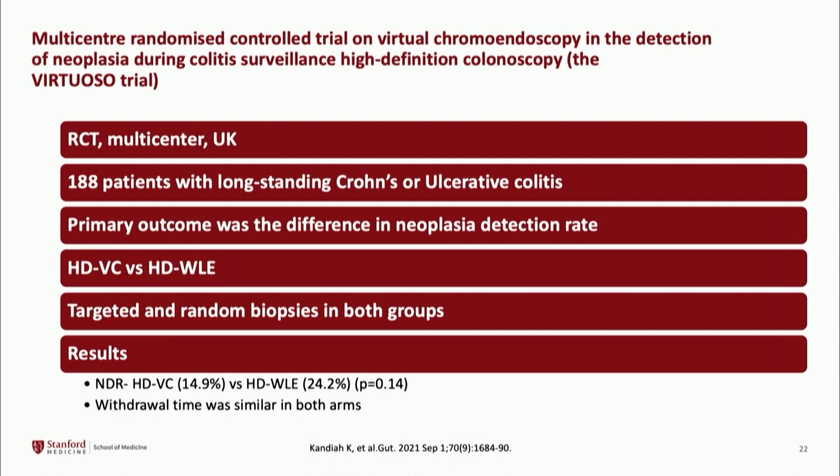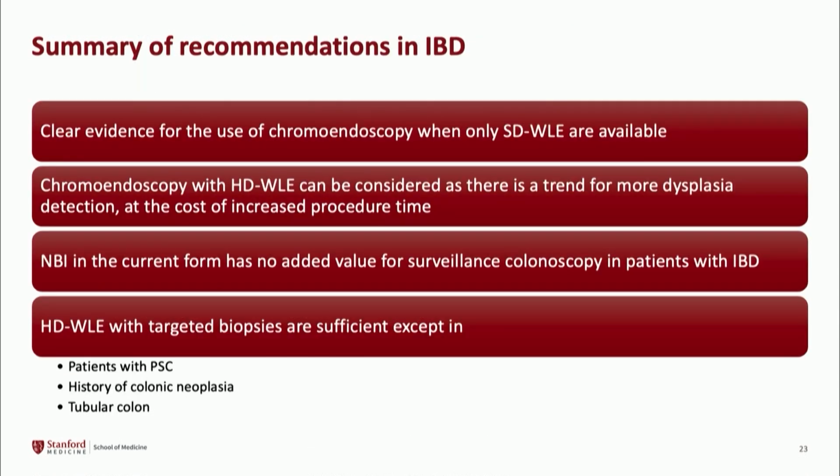It was a multi-center RCT done in the UK, and they found that the neoplasia detection rate was much higher in the high-definition white light endoscopy compared to high-definition NBI. But the withdrawal time was similar in both these arms. So there have been conflicting results.